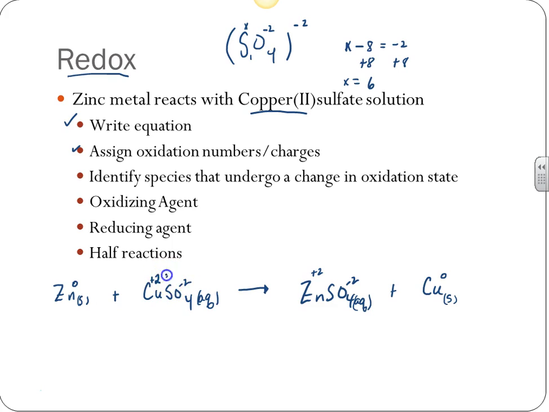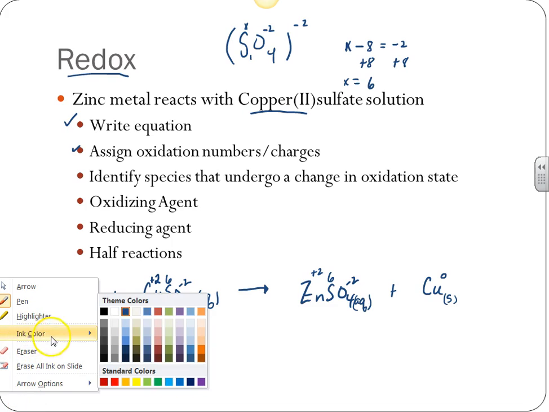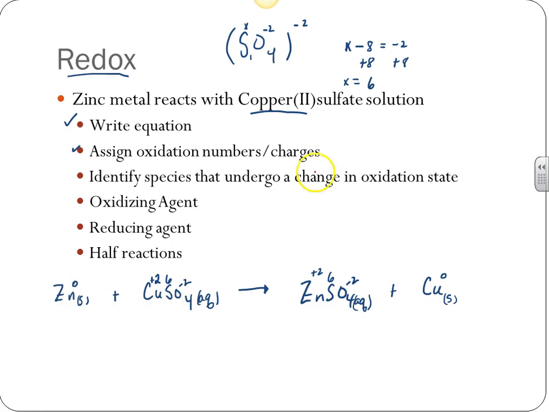So this is sulfur 6. Go ahead. 1x, 4 negative 2's, negative 8, equals the charge of sulfate, negative 2. And then I just add the 8 to both sides, and positive 8 and negative 2 is 6.